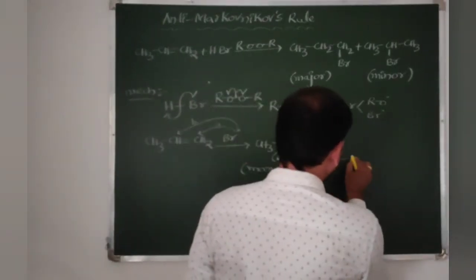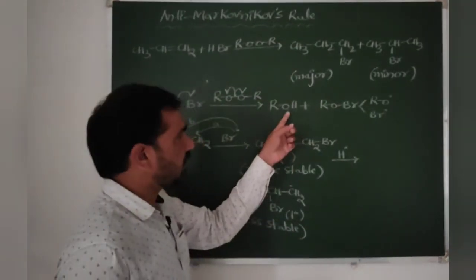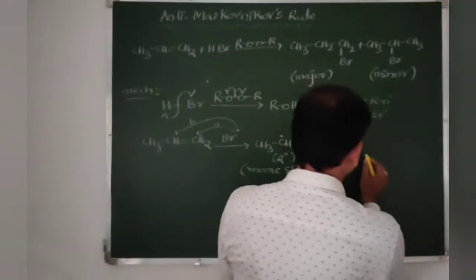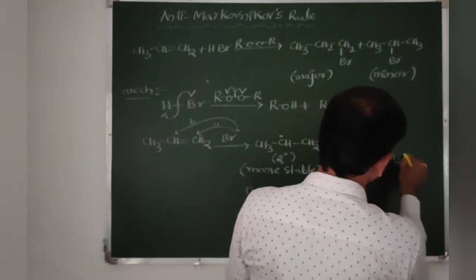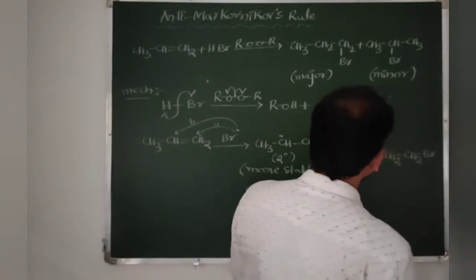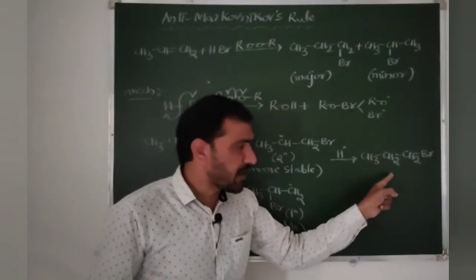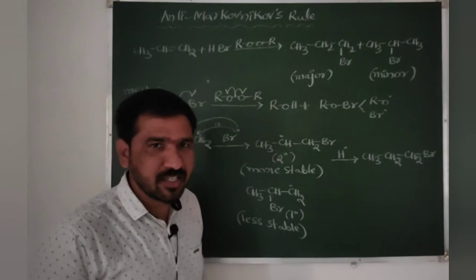Therefore, after that, H dot from this RO dot, ROH, is added to C dot, it results in a final product CH3 CH2 CH2 Br. This is the major one, because this final product came from the more stable intermediate. Okay.